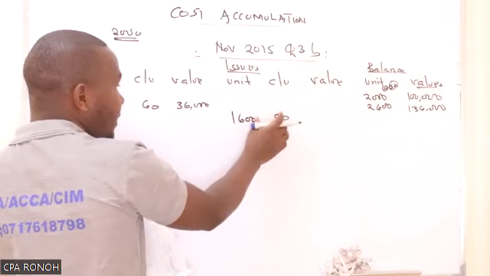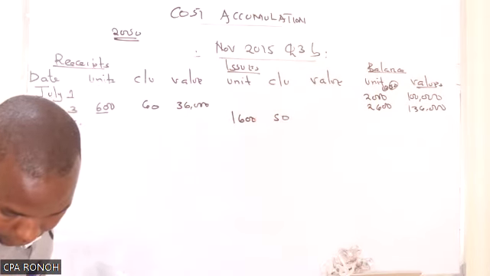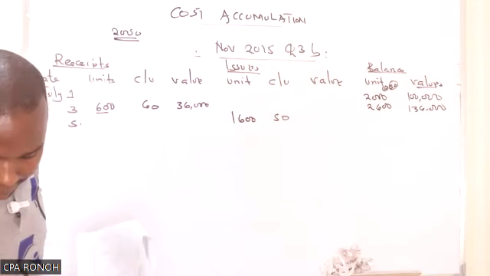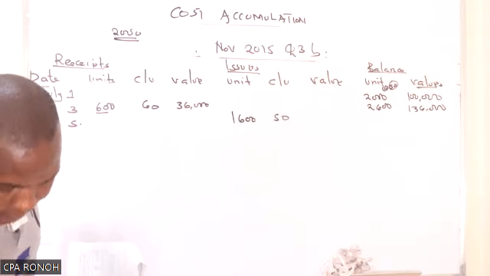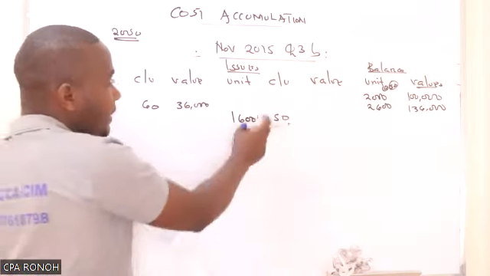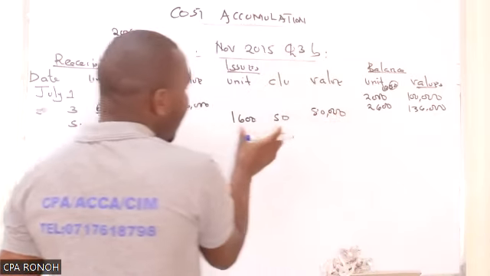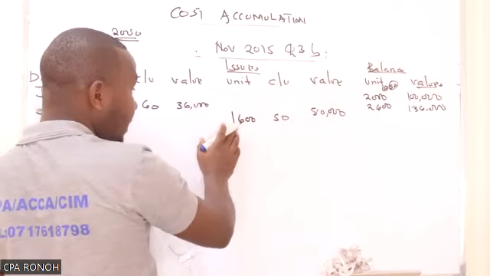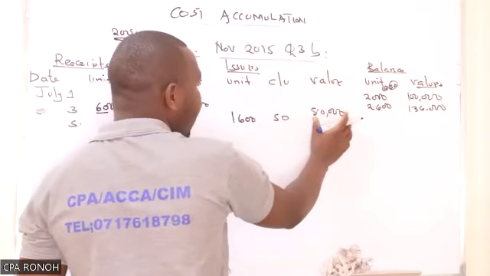So this one times this one comes to how much? 1,600 times 50 is 80,000.